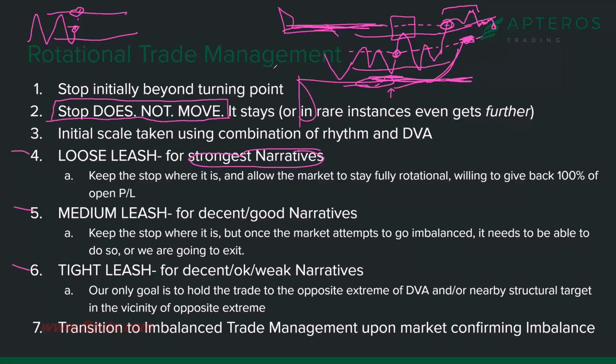I might take a breakout pullback of prior value, but then there's a really good 2-day CVA up here, which I should start to look bearish against, even more so than the prior value I'm long against, right? And so I'm just going to target up into that general area, and I'm going to get out at the other side of DVA. It's more of what I call a scalp play, but I had a narrative to it.